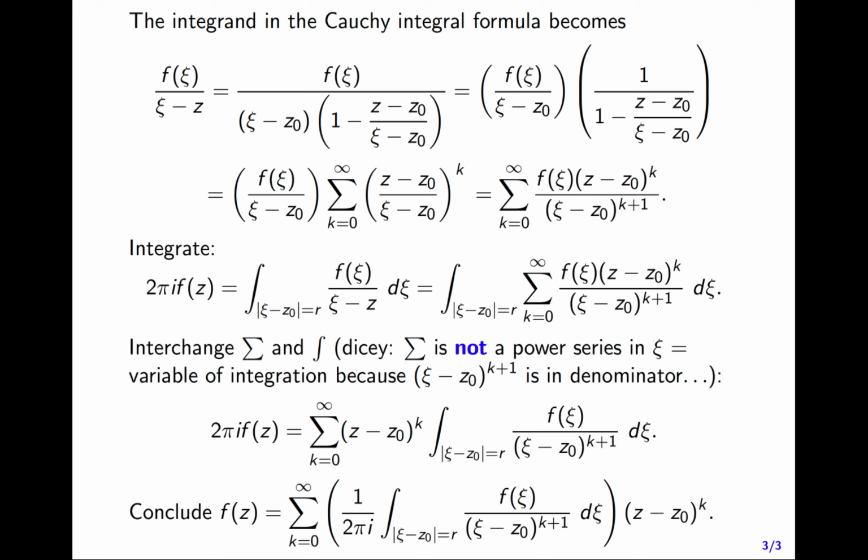That is one complex number that depends on k and c0, but not z, times (z minus c0) to the power k. This is a power series in the variable z, centered at c0, with a lengthy but explicit k-dependent constant in front of the (z minus c0) to the k. This is the power series expansion for f.